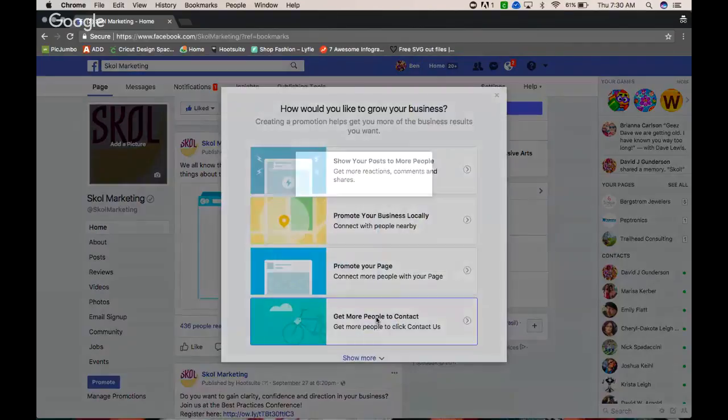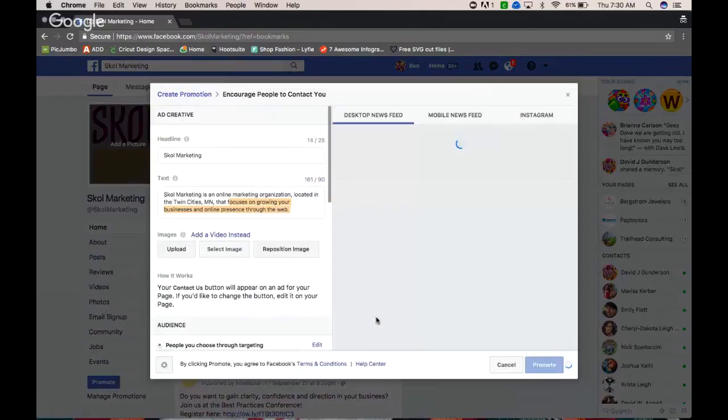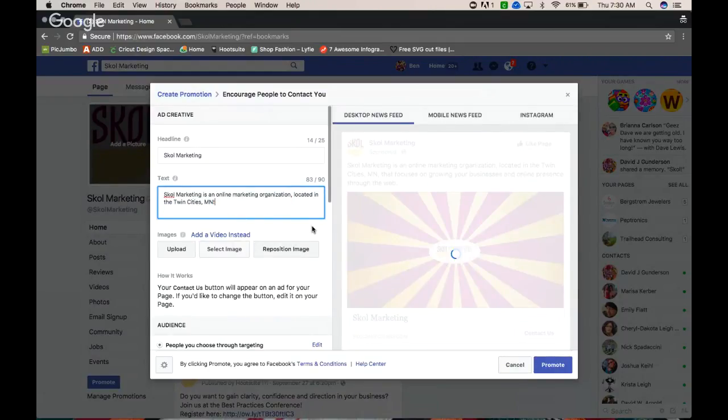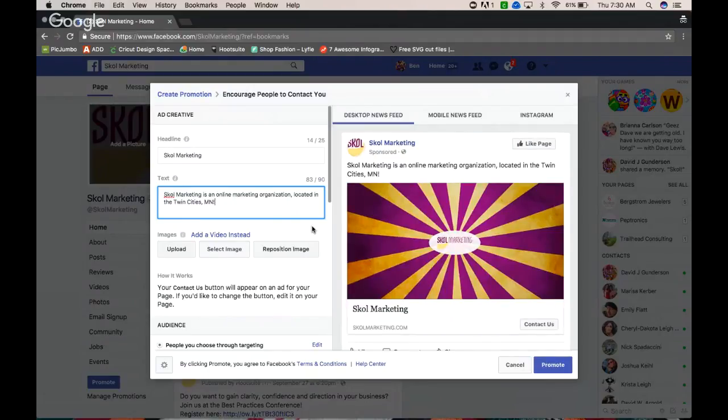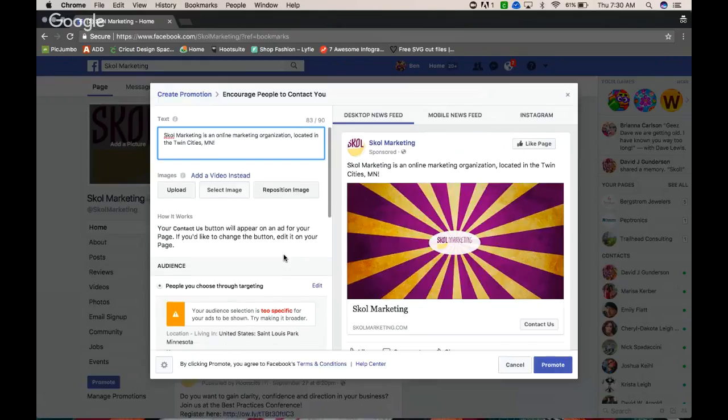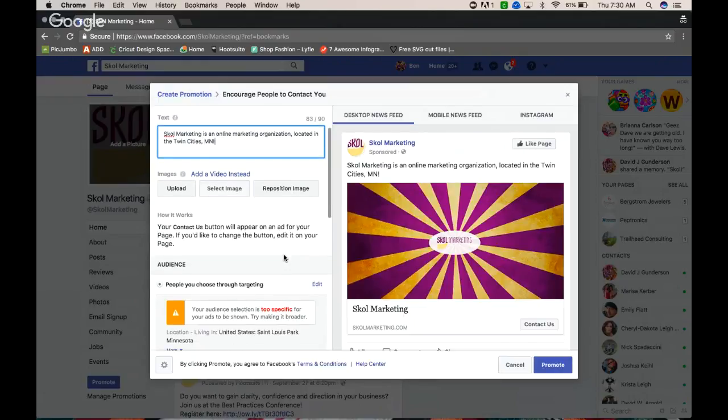But that's what this one more or less is going to do, is it's trying to get more people to interact with that button. So, mine's going to show as contact us. Again, yours may be different because you have a different call to action at that level. And so you can't change that within here. You would have to go to that button and actually change that. But this is trying to promote that button and get people to do whatever you want them to do via that button.